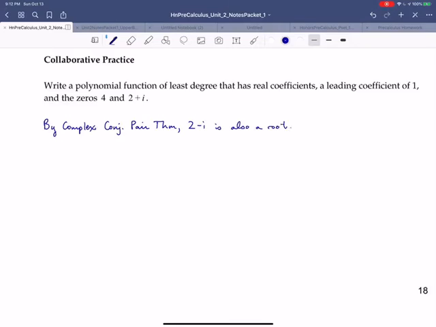So the minimum degree is 3. And this would come from multiplying out the factors x minus 4, x minus 2 plus i, and x minus 2 minus i.